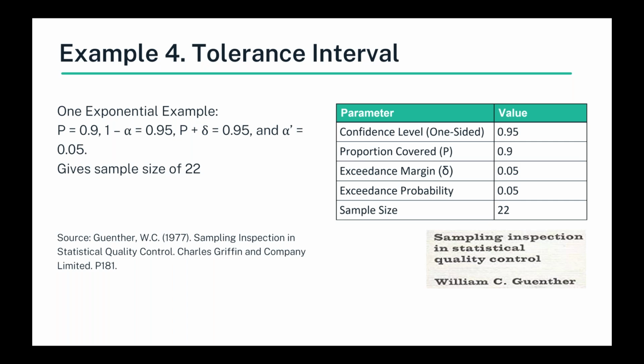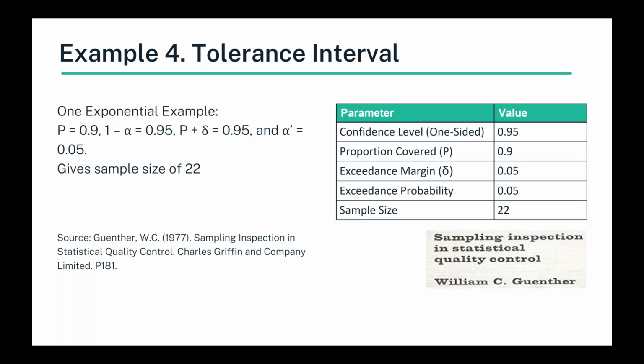It's an exponential case, and this time we're looking for a one-sided 95% tolerance interval. We want to cover a proportion of 90% and have an exceedance margin of an additional 5% with an exceedance probability of 5%. And for this, a sample size of 22 was required.